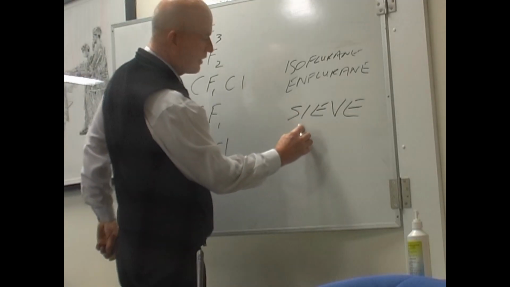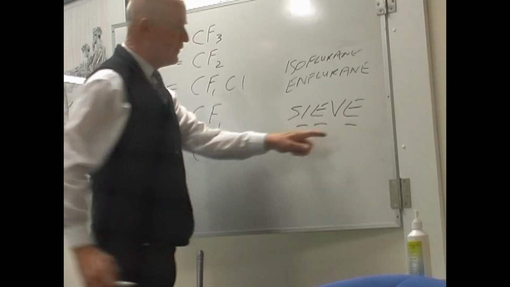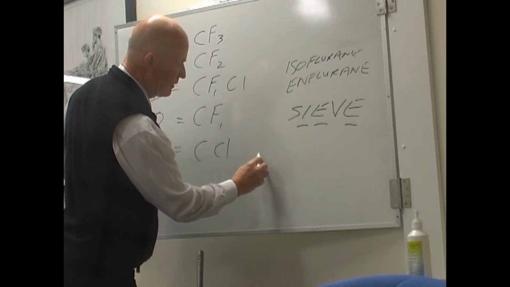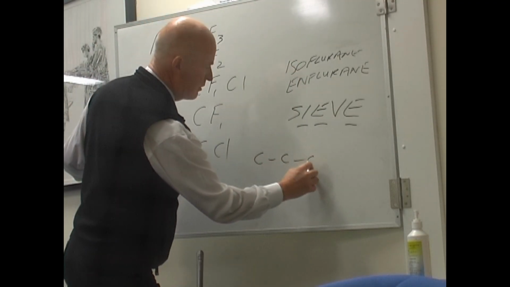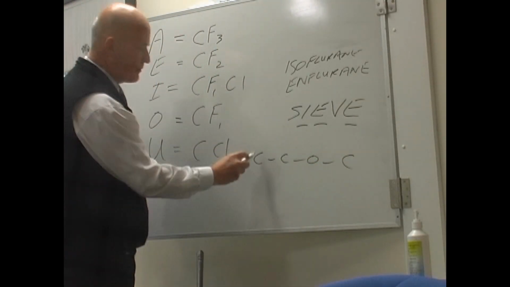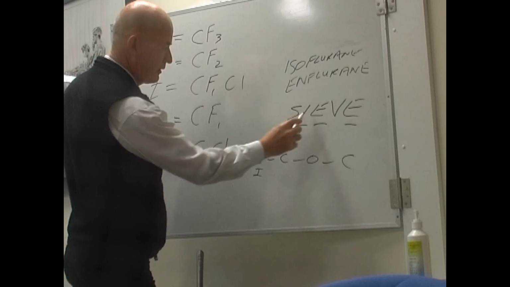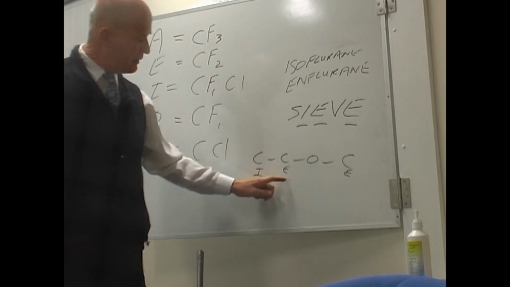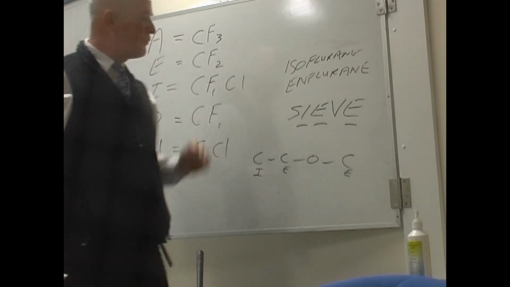You then have an I, E and E configuration to work out what its structure is. So again, ethyl, methyl, ether, this becomes the I carbon, this becomes the E carbon, and this becomes the E carbon. I, E and E for sieve, for enflurane.